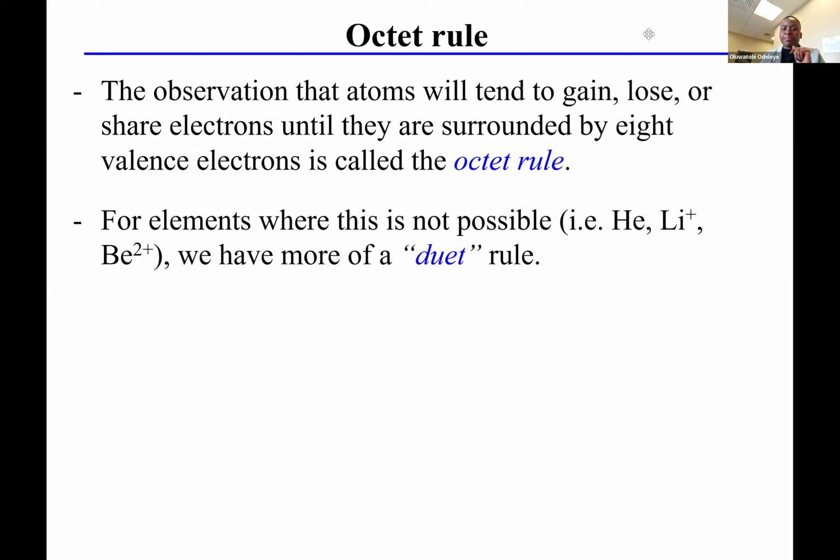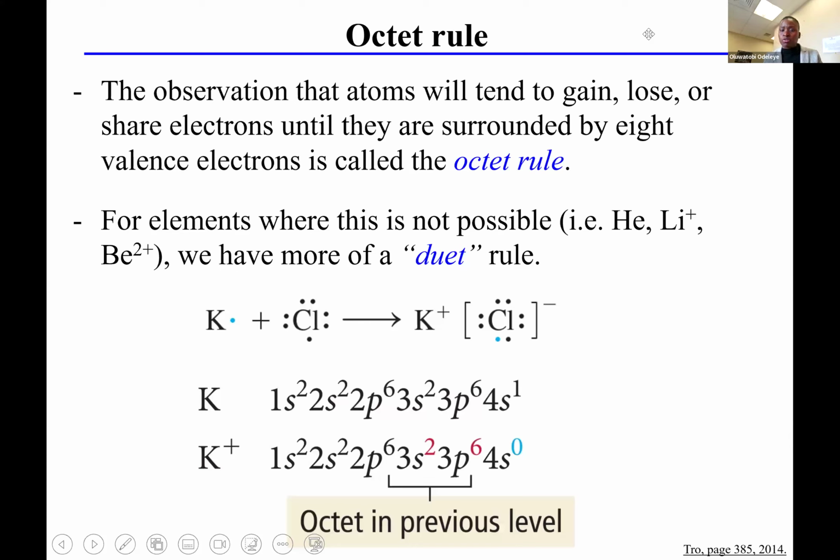Okay. So for example, here's potassium chloride, again, we'll talk more about this later, but this is what this would look like. Here's what the typical potassium element electron configuration is. It's going to lose an electron right here to form the ion. And so that goes away, and now we have a full shell.